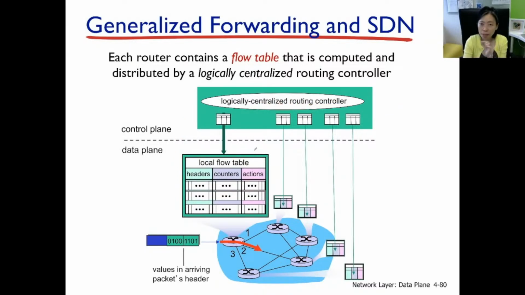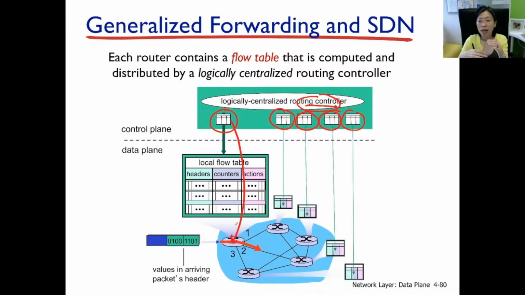What's a bit similar between SDN routing and traditional routing is this. After route computation, we generate tables like this. In the control plane of traditional routing, the algorithm finishes computation, generates a forwarding table, and we install it to the data plane of the traditional router. In SDN, tables are generated as well from the routing algorithm computation, and we also install these tables to the data plane of the SDN routers.